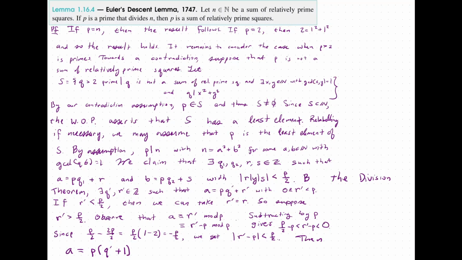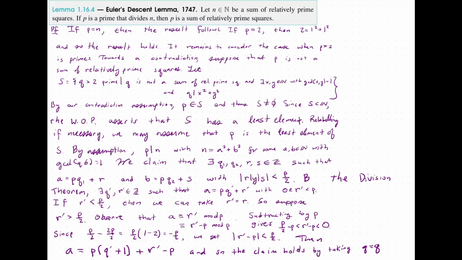so that we have the same exact equation. And so that's the same as taking P times Q prime plus 1 plus R prime minus P, and so the claim holds by taking Q, which in the claim we call Q1.